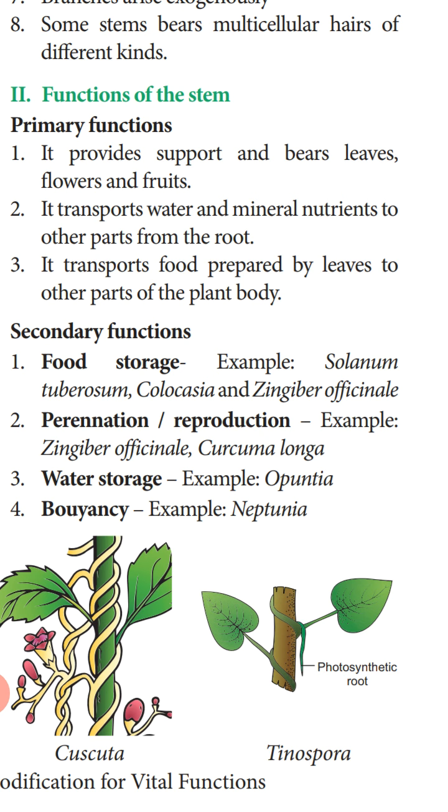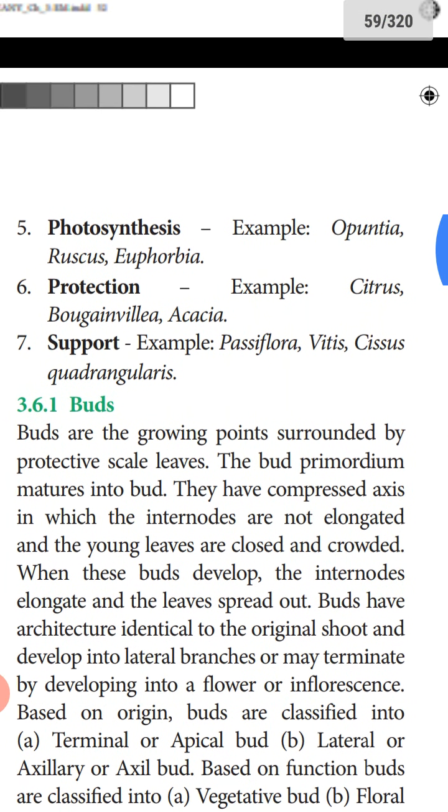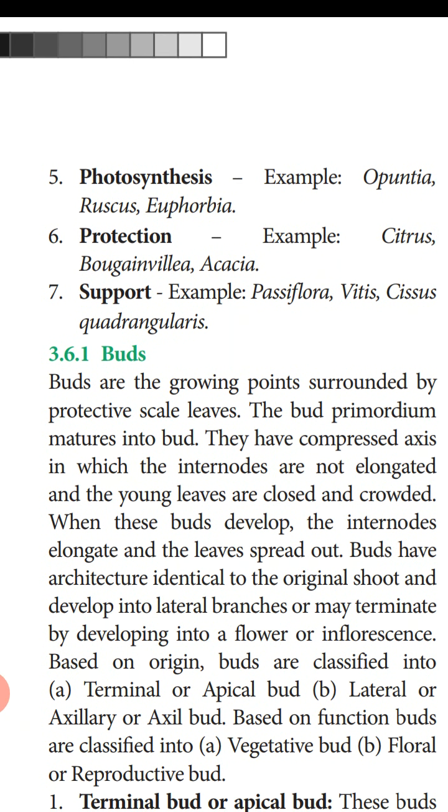In some plants like Neptunia, which is similar to the mimosa, the touch-me-not plant, the stem helps in floating in the air as well as in the water. The other function is photosynthesis. In some plants, the stems perform the function of photosynthesis, as you can see in Opuntia, Ruscus or Euphorbia.